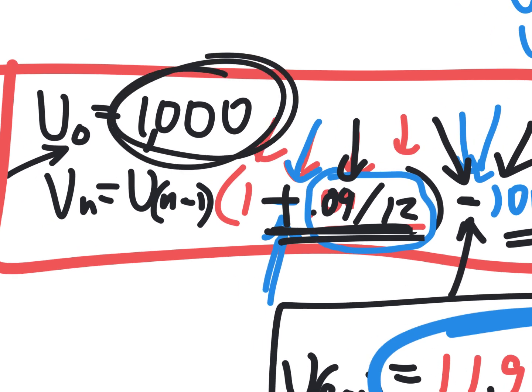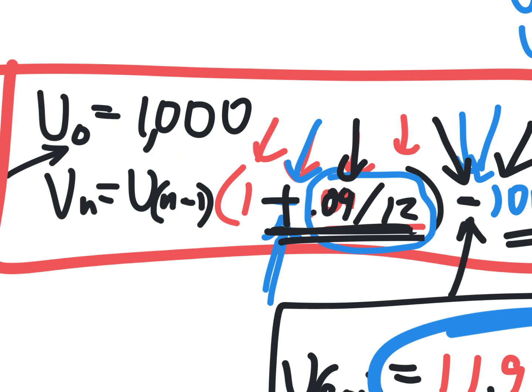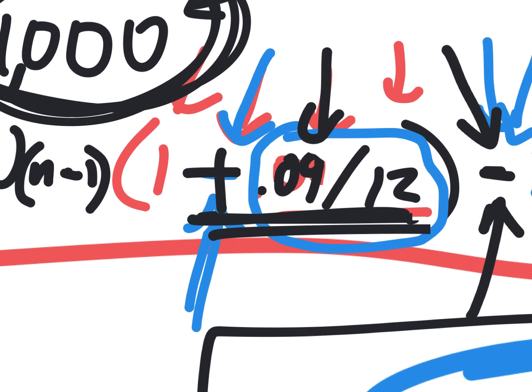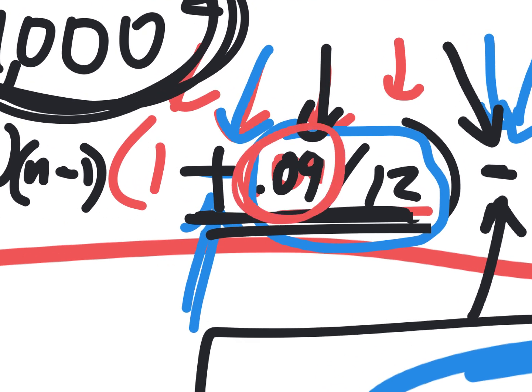This number here is always the principal, whether it's a loan or an investment. They're also going to ask you what the annual rate is. That right there is where your rate is. You remember that from before, right? I said the rate would always be that thing after the plus.